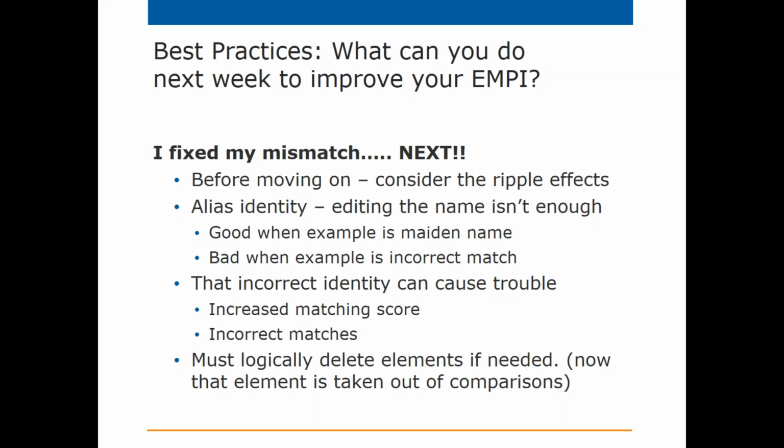Increased matching score if it's an incorrect identity, again, if it's a bad alias, or if you do have incorrect matches. If folks are getting matched incorrectly, you want to make sure that you understand why it's getting matched and remove elements if you need to. So logically deleting elements, so it's taken out of any comparison on a probabilistic algorithm.